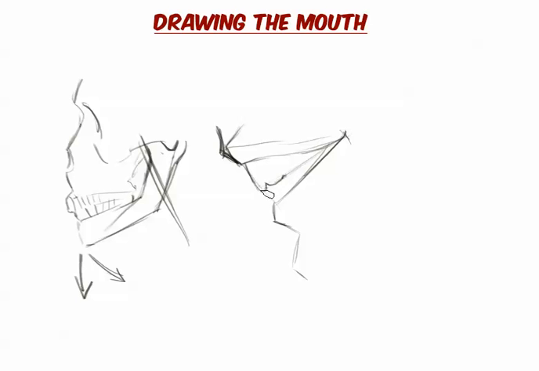The closer it's getting to the back, the bigger the teeth are going to start to look. There we go. Have this one there. And remember, just suggest the top of the gums there. 1, 2, 3, and so forth.